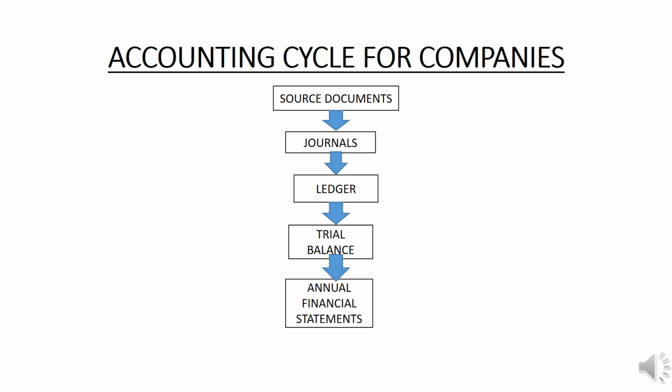Whenever a source document is a receipt, meaning that we have received an amount of money, that source document is telling us to go and record where? In your cash receipt journal, because in your cash receipt journal, that is where we record inflows of cash.